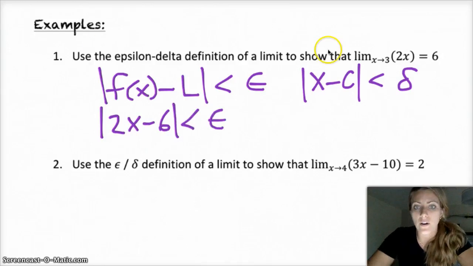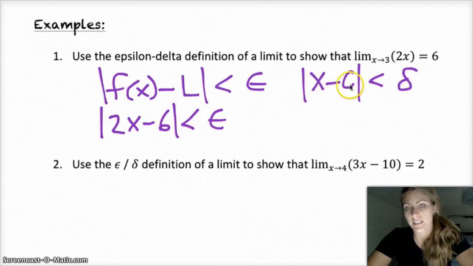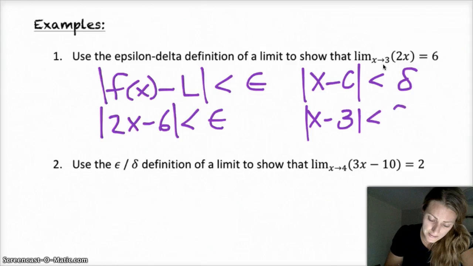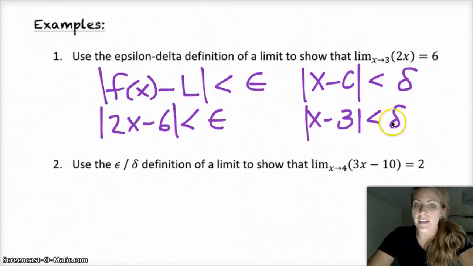Now I also need to find a delta so that x minus c, which in this case is 3, I have x minus 3 is less than delta. So I need to find a delta so that whatever I give you as epsilon, you can find me something smaller.